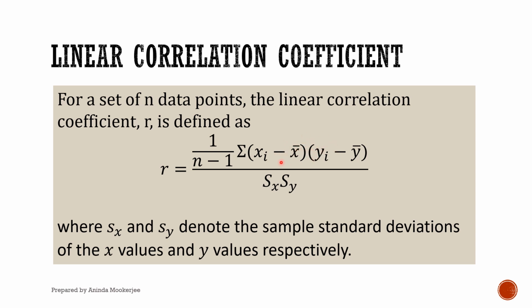All right, and then we are summing it. So we'll go through an exercise of this calculation. In the denominator, we have s sub x times s sub y. And what are they? They denote the sample standard deviations of the x values and the y values respectively. All right. So this is the defining formula to find the correlation coefficient.